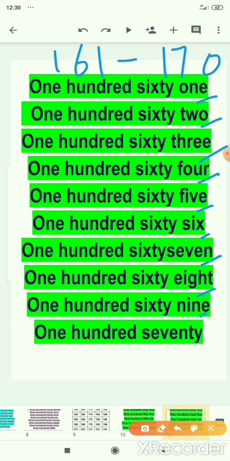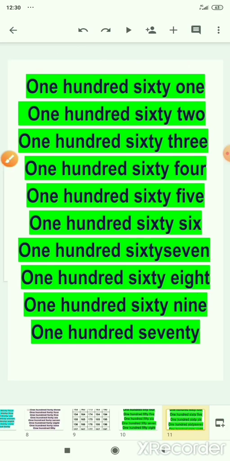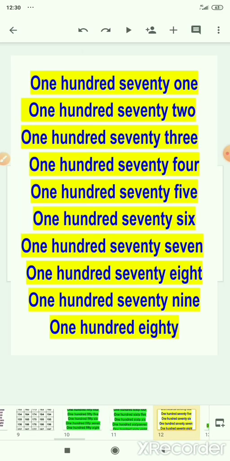In the next picture we can see the number names from 191 to 200. So 191, 192, 193; the 190 part is the same in all lines, only the last spellings are changing, and the last spelling is 200.